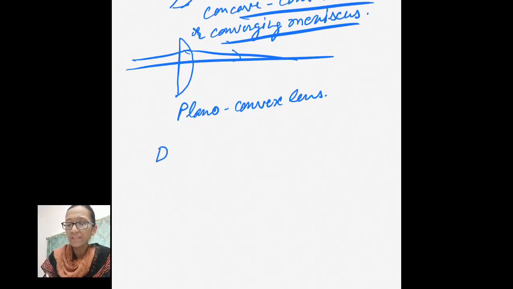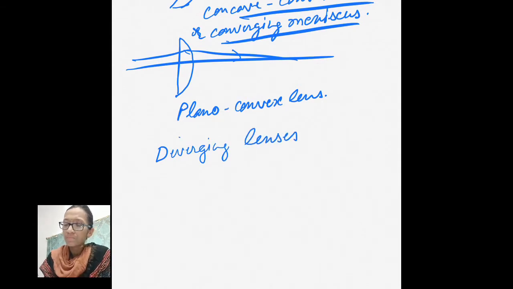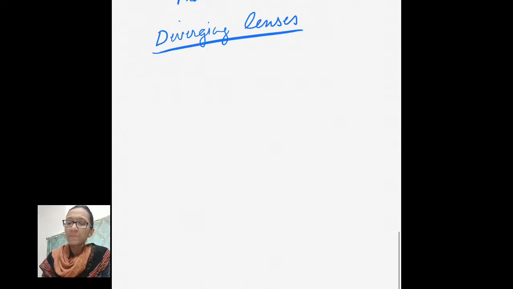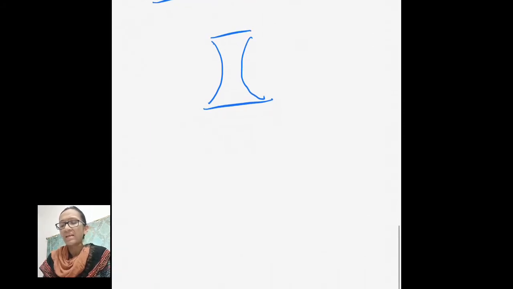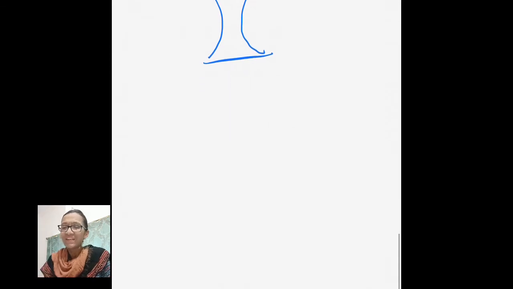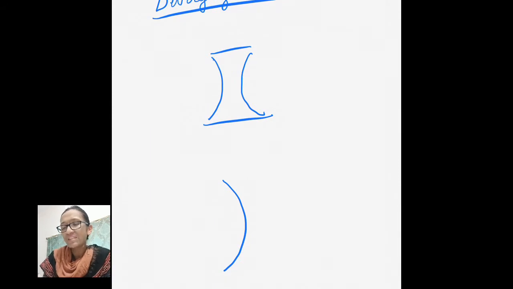Now diverging lenses. Now let me take the two surfaces concave only. Two surfaces concave. And let us try how the ray which falls on this kind of lens is deviated, how it is bent. So let me take first of all, it has two surfaces concave, so you can say double concave lens.